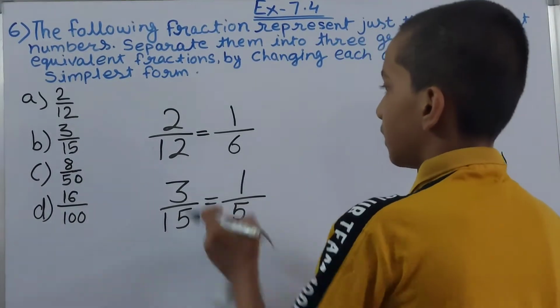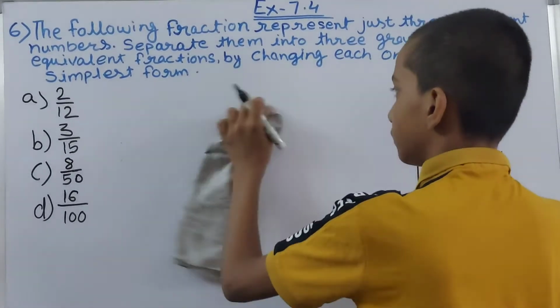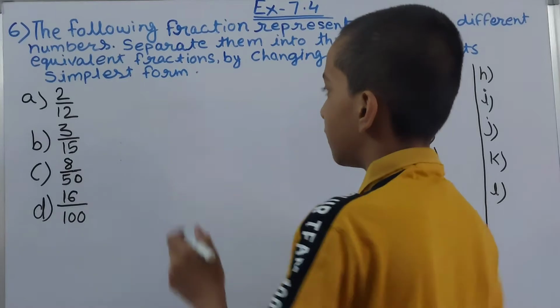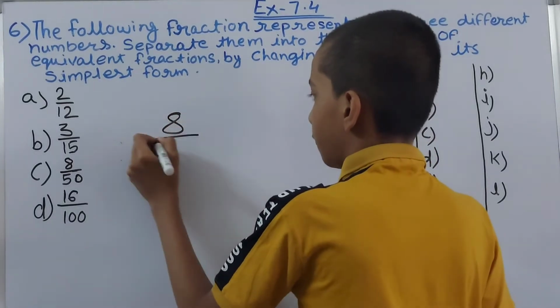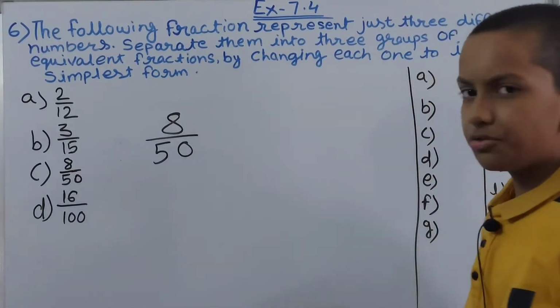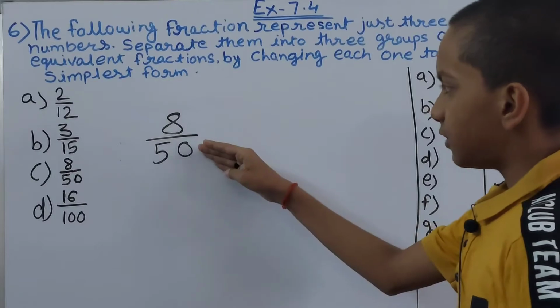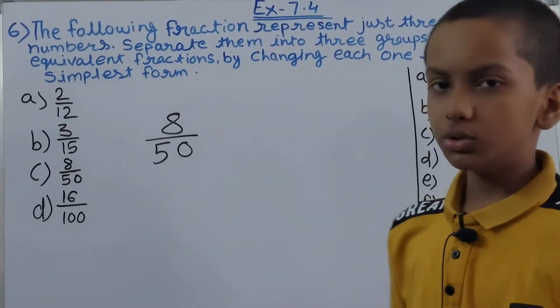Now we will be solving the C part. So C part, here we have 8 upon 50. Now do you think this fraction is in its simplest form? No. 8 and 50 both are divisible by 2. Okay.